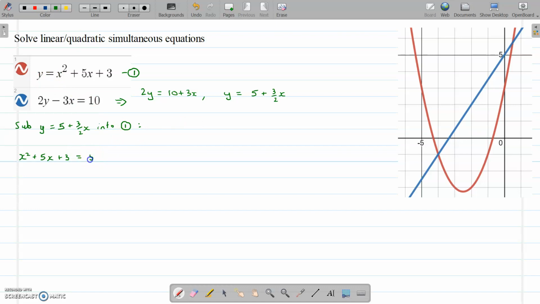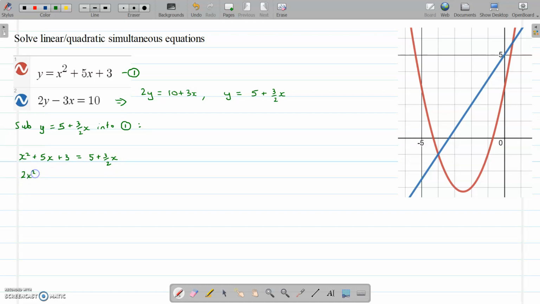That's equation 1, but instead of equaling y, I'm going to make it equal to 5 plus 3 over 2x. Now the fraction is awkward. I'll show you how we can deal with that straight away. Because we're solving the equations, we can do the same thing to both sides. So if you end up with a fraction like that, the best thing is immediately to, in this case, double everything. As long as you do everything to both sides, that's fine.